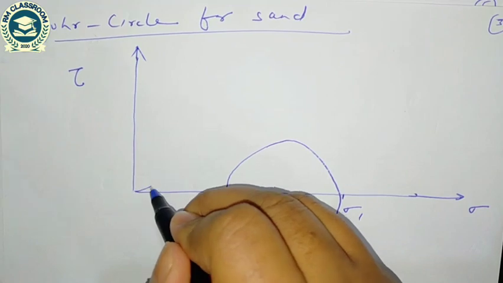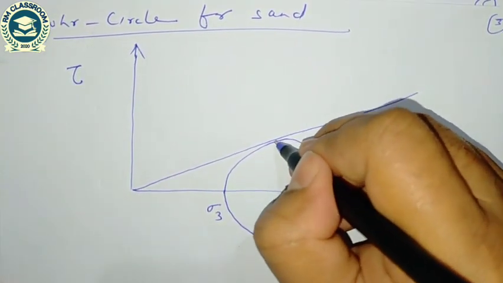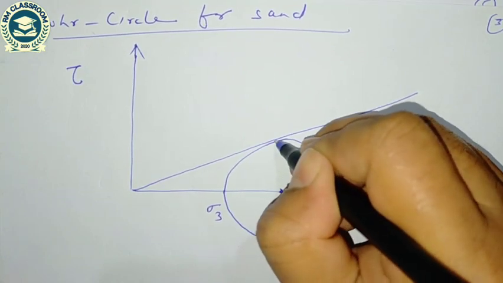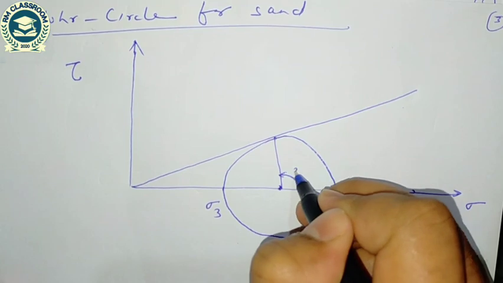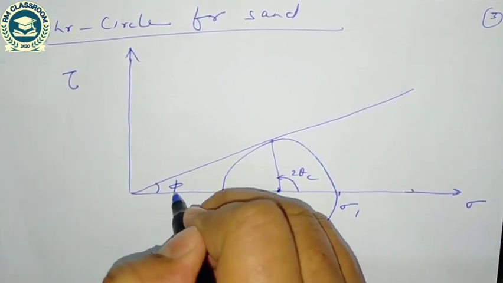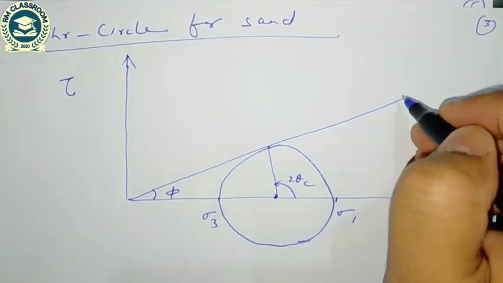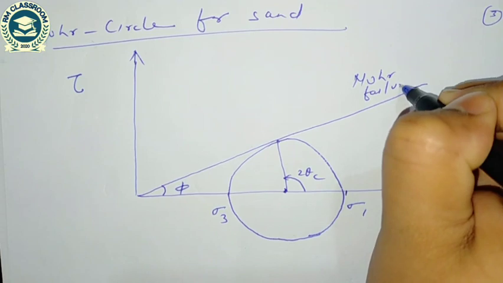And if I draw a failure envelope, and this is the center, let us assume this is 2 theta c, this value is angle of internal friction, and this is the Mohr failure envelope.